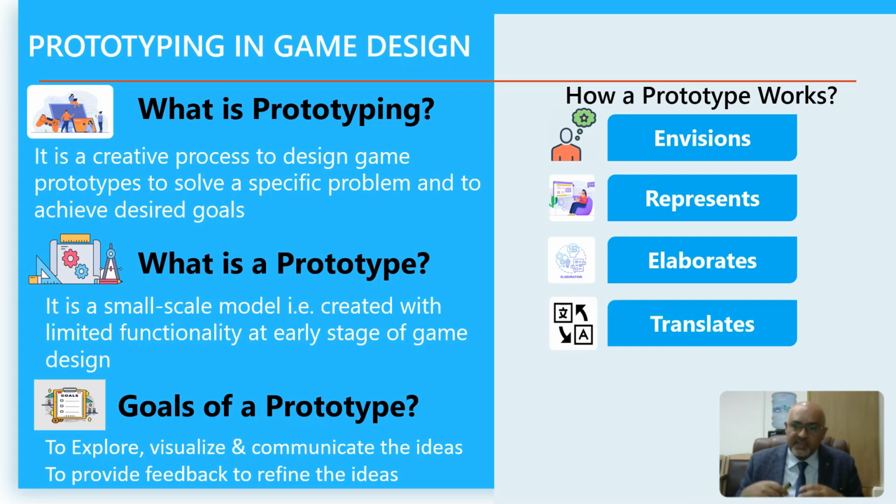And once the ideas are elaborated, there is a need to translate those components into the associated or relevant artifacts. I mean to say what design artifacts are required to implement in a particular prototype. It depends upon the requirements, objectives, and scope of the game that is to be designed.